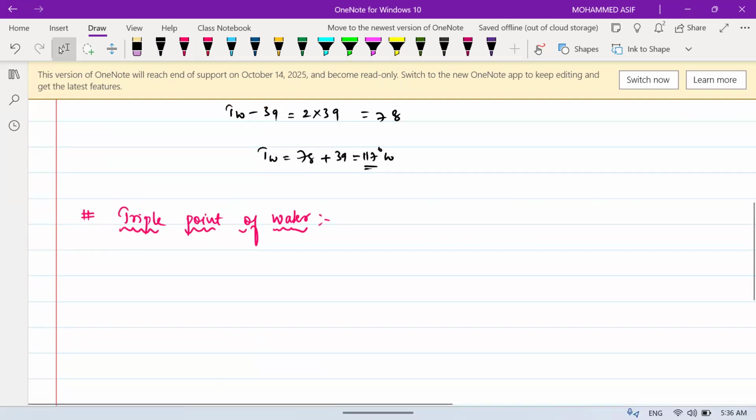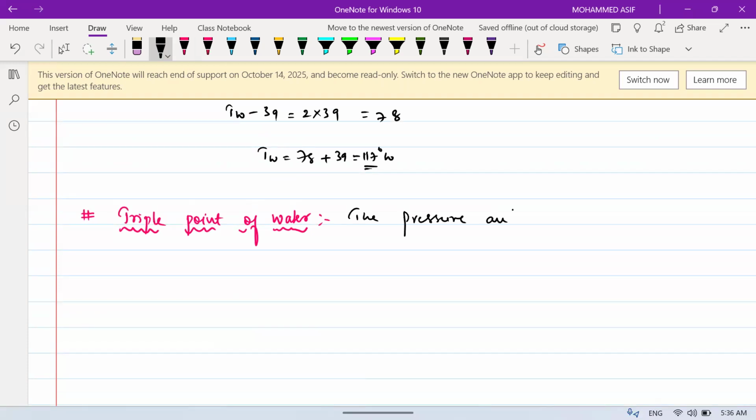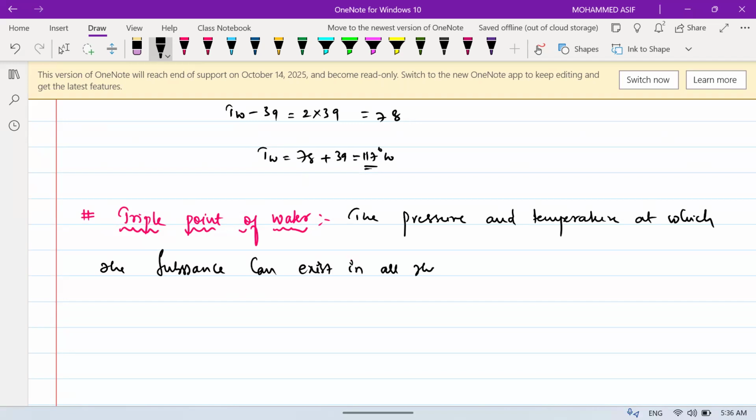So let the definition be: the pressure and temperature at which a substance can exist in all the states simultaneously.